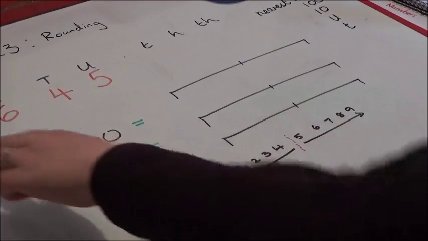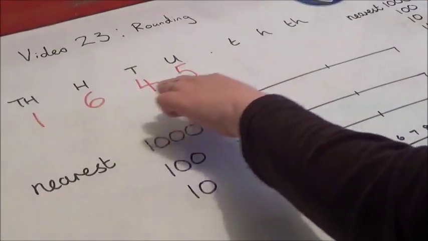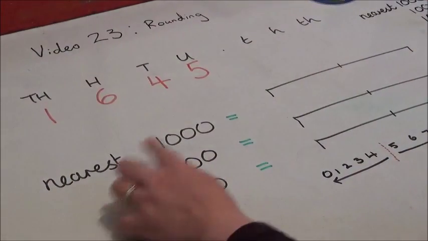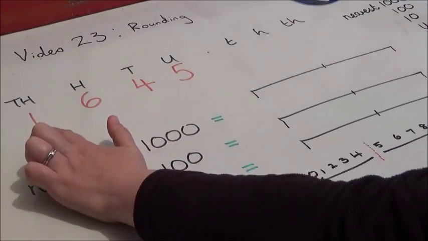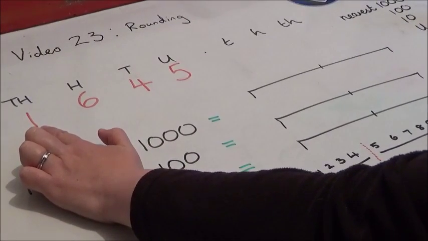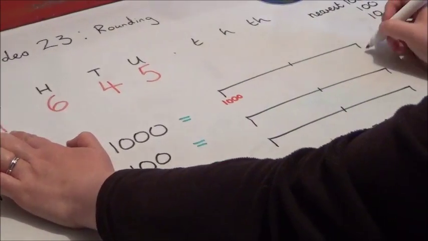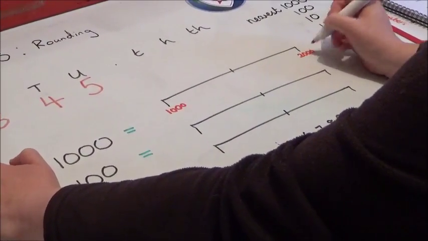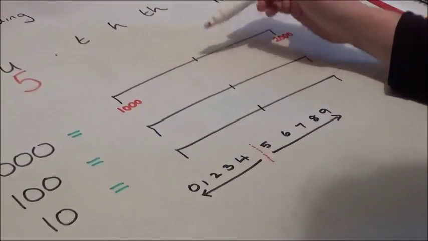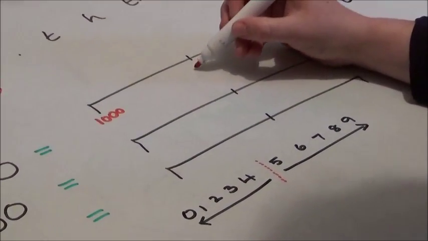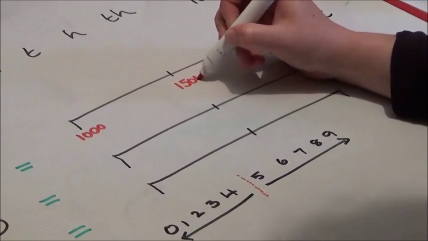So we're looking at this number again, 1,645, and we're rounding it to the nearest thousand. So here's our thousand number, and we're saying, are we closest to 1,000 or 2,000? Halfway between 1,000 and 2,000 is 1,500.